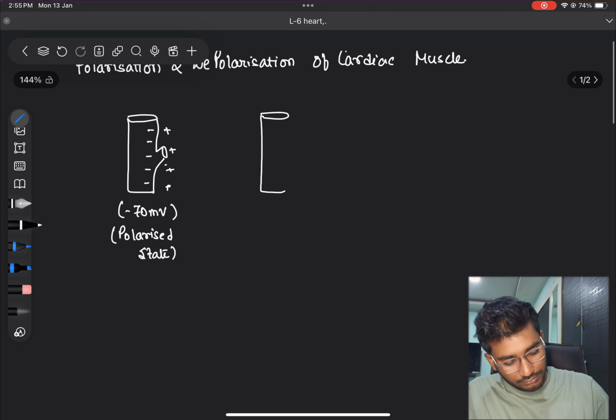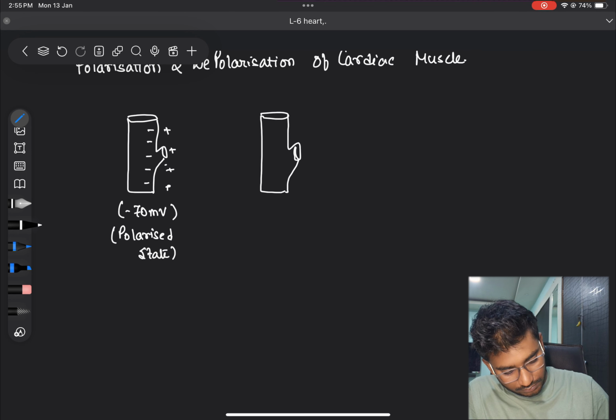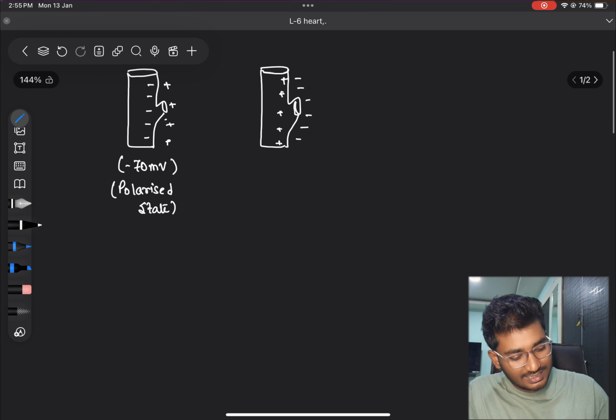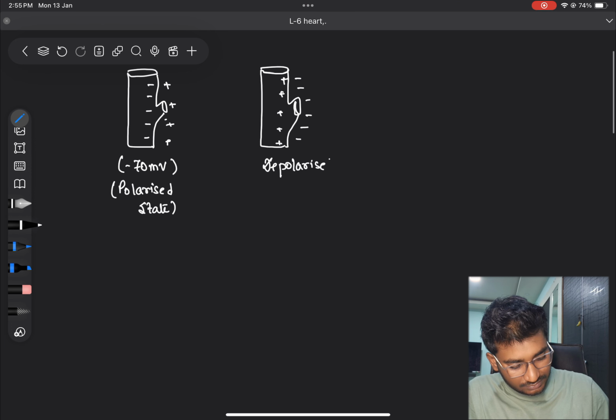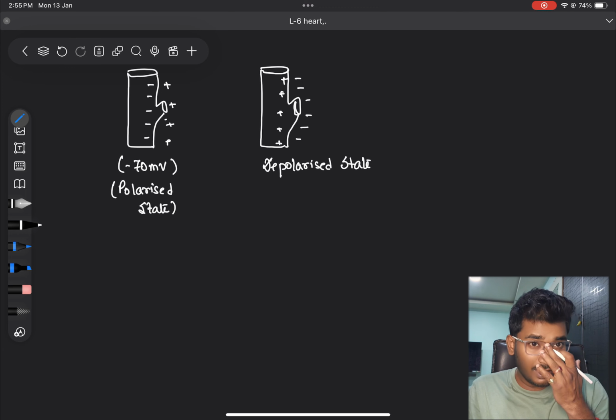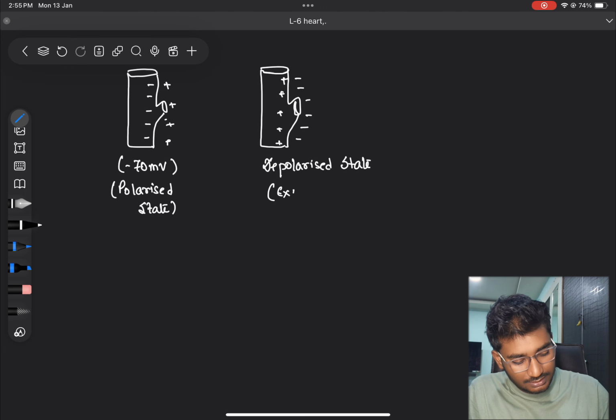Now again, this is the cardiac muscle. Now outside it is negative and inside it is positive. This is called the excitable state or the depolarized state. The depolarized or exciting state is also called the excited state.